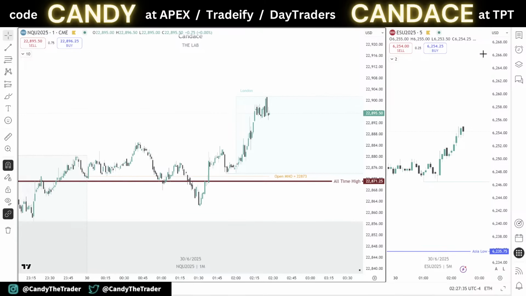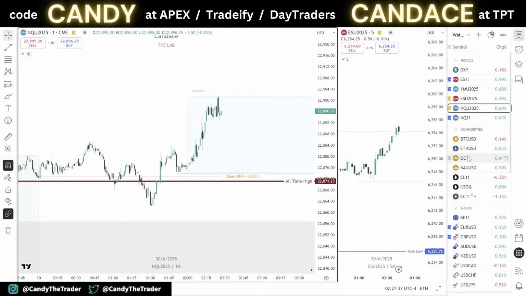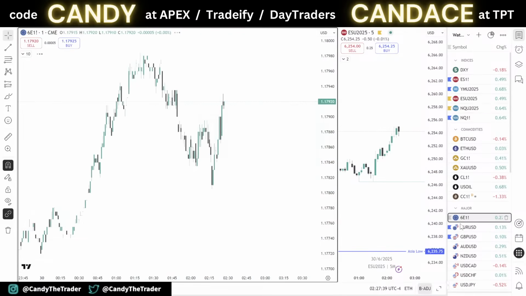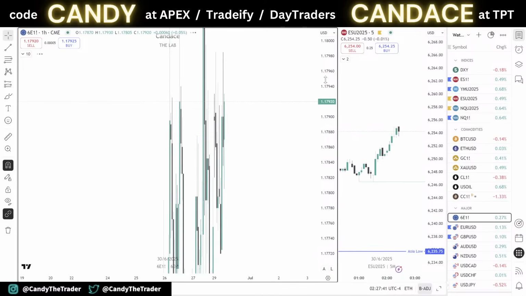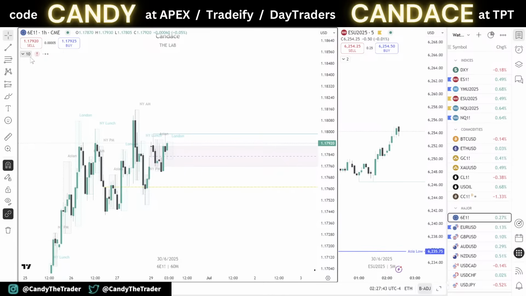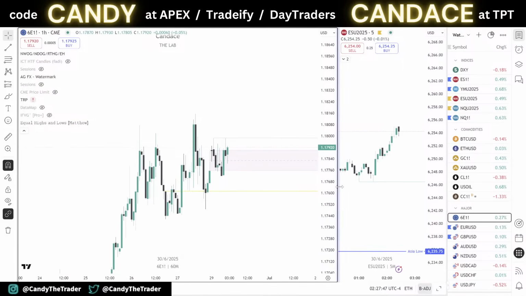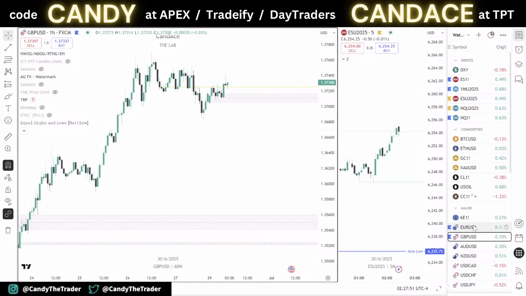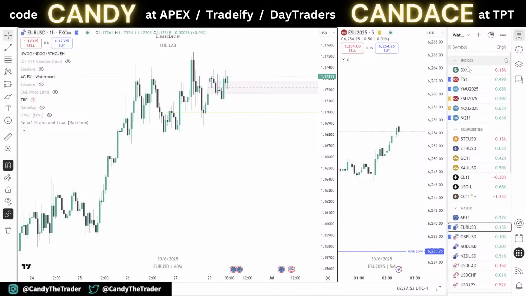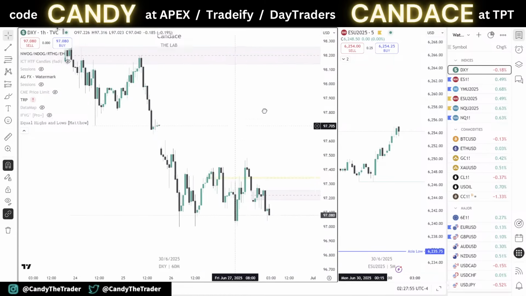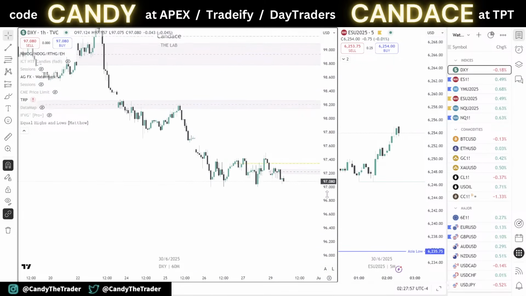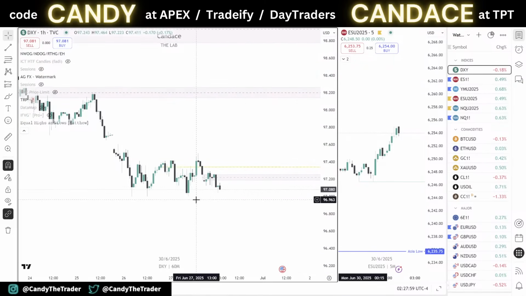But it's so boring. We gotta see other assets. I'm not gonna check other assets, but I want to take a look at least. All right, this is shit. GBP shit. So consolidating.